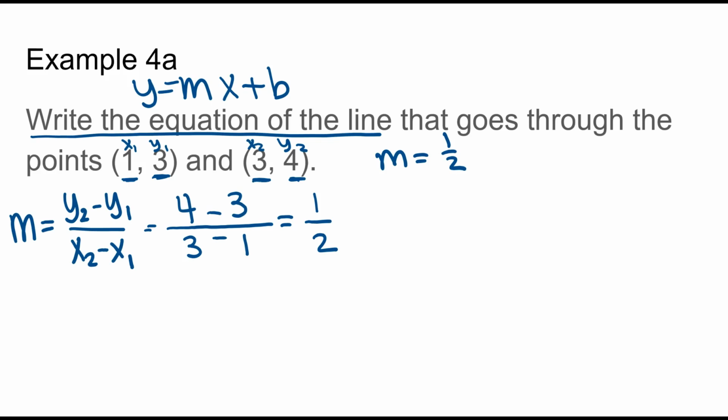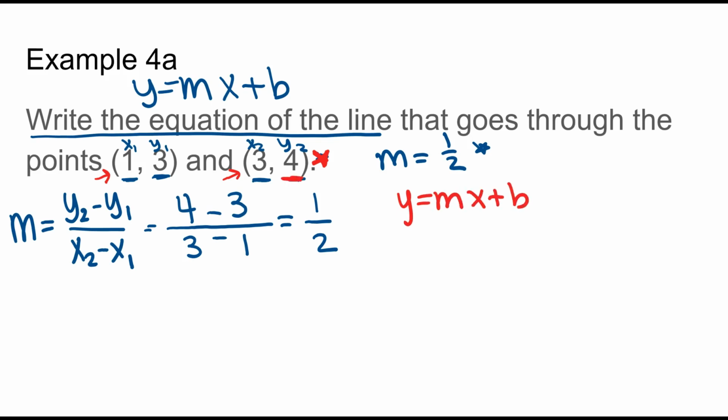Now, if you recall from our previous examples, we actually have slope and a point. We can find b. It doesn't actually matter whether you use the first point or the second point. My general rule of thumb is to pick the point with the least amount of negatives. In this case, it doesn't matter, so I already put a star there. Let's use that second point. So we've got y equals mx plus b.